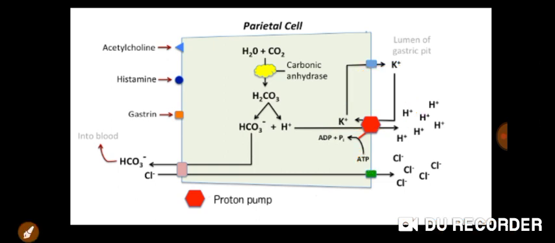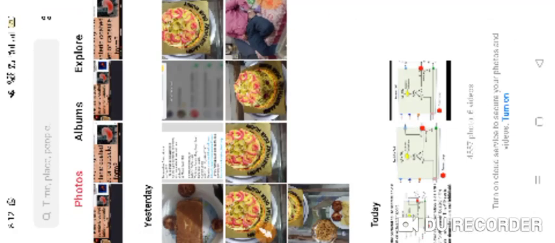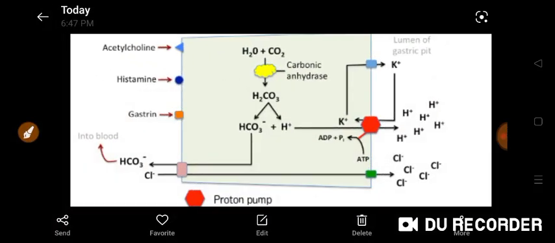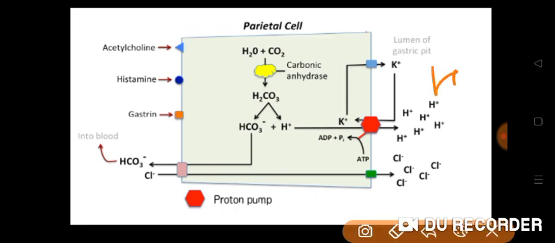So now what we have got is the H plus ion in the gastric lumen. We need now the chloride ion.